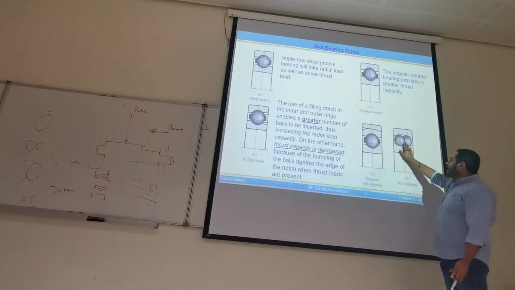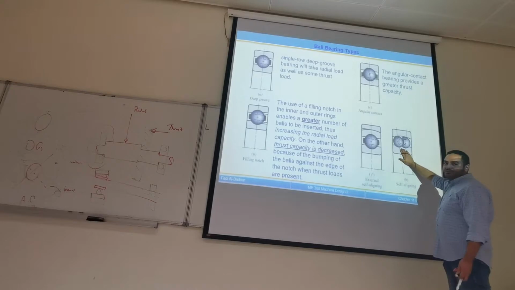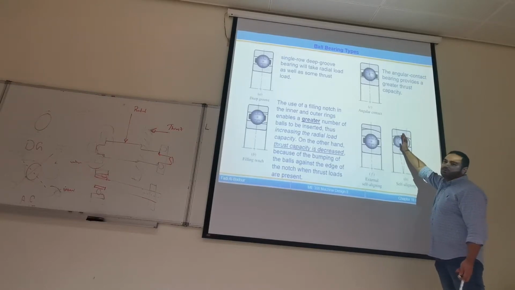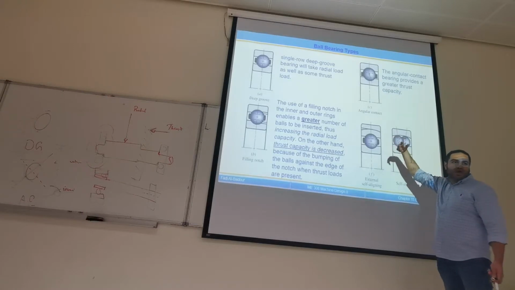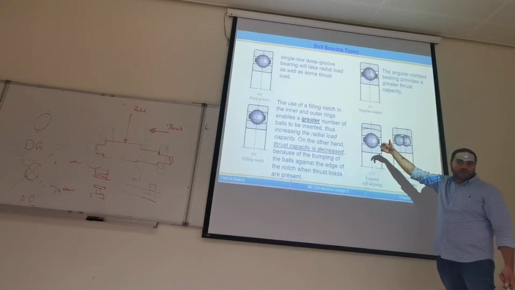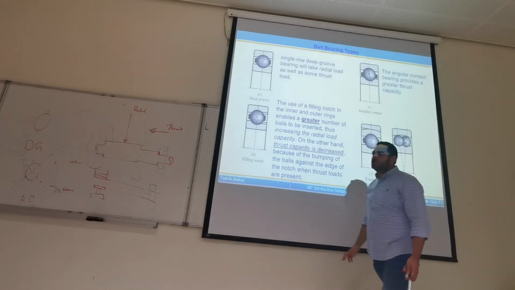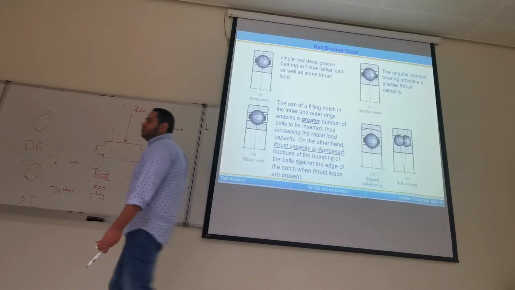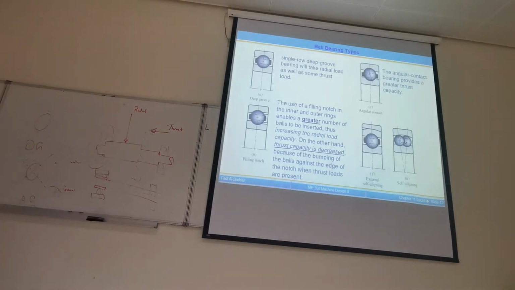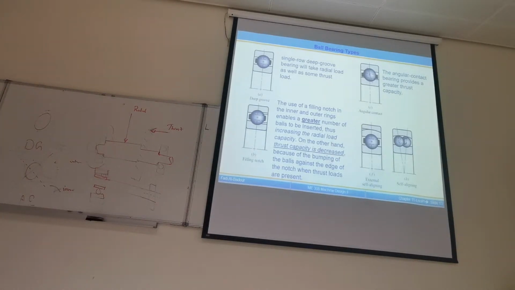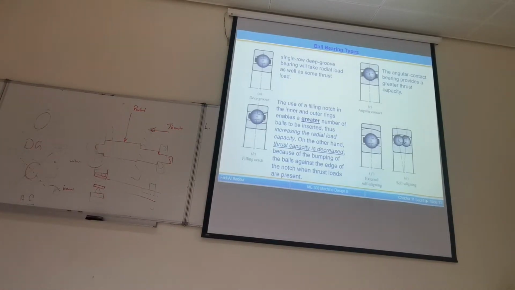So if this is tilting like this, the ball will go to the left, and still the stresses are almost uniform on the rolling element. And the same thing when it goes to the right. So self-aligning bearings can adapt up to 1 to 2 degrees of misalignment. So again, when we talk about misalignment, it's only about 1 or 2 degrees. Okay?